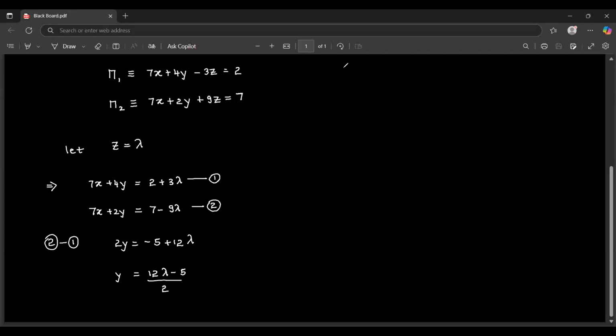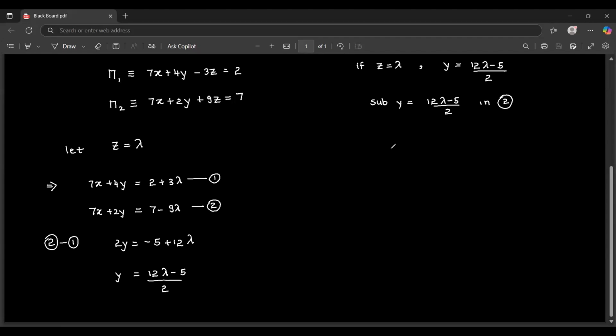I'm going to sub this. Before that, let's write that down. If z equals lambda, y equals 12 lambda minus 5 over 2. Sub y equals 12 lambda minus 5 over 2 in the first equation. Okay, first equation is better. No, second equation is better. Yeah, second equation.